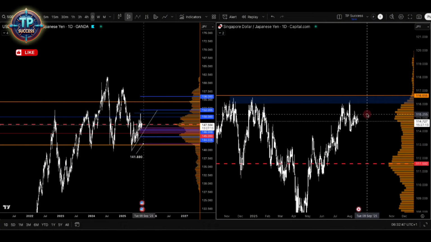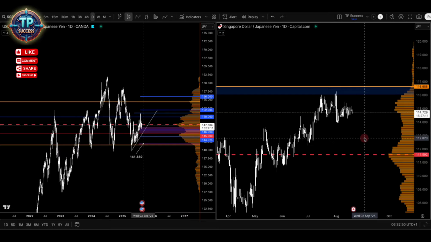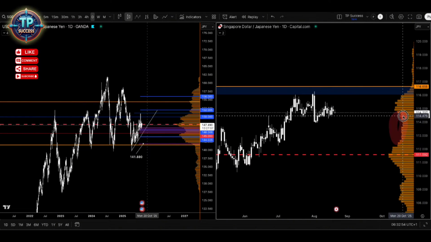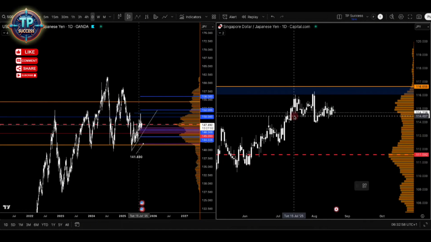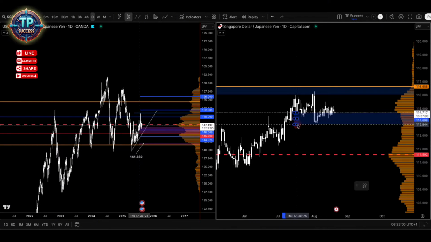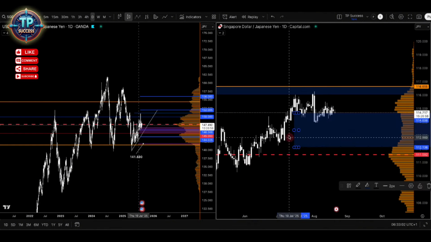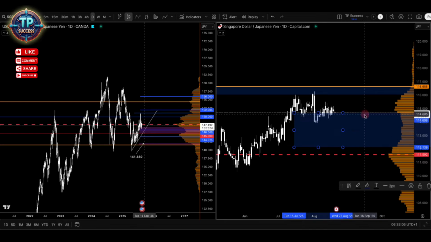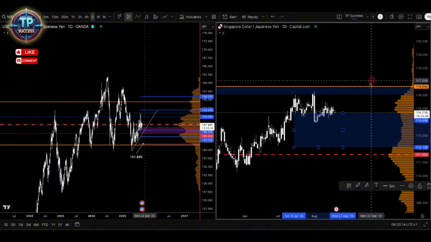Okay, so what are the things that will help me with this movement? Well, first things first, we have this low volume node in this area right here. This is where I would want to see price reject from, right? So price can come all the way in, but I would want to see it reject in the sense that either it pushes up, which means it's going to keep going higher, right?